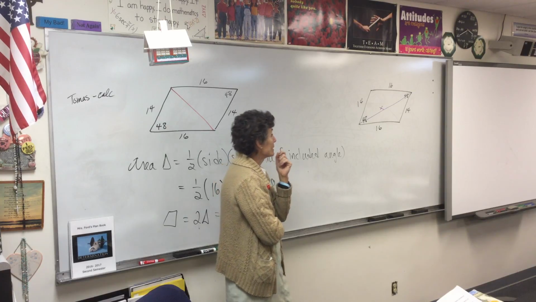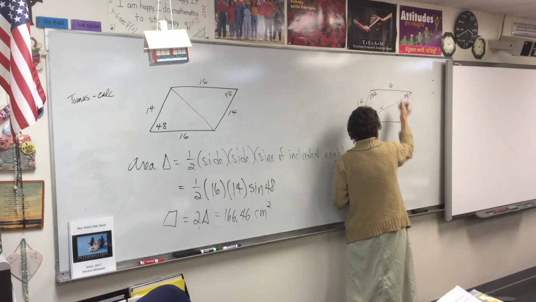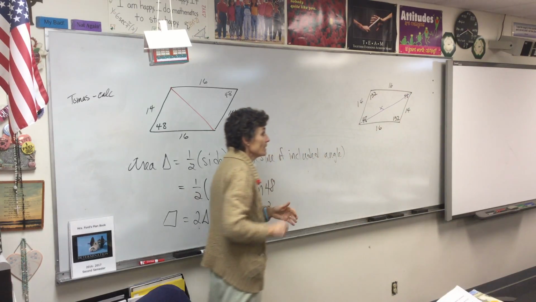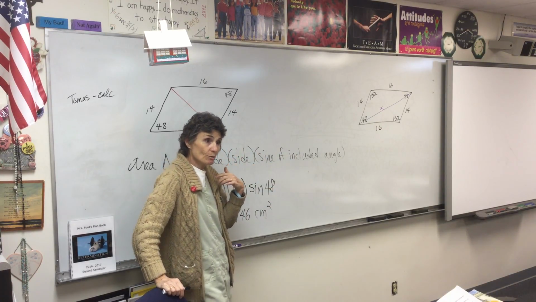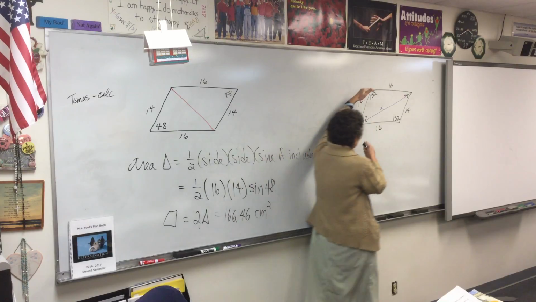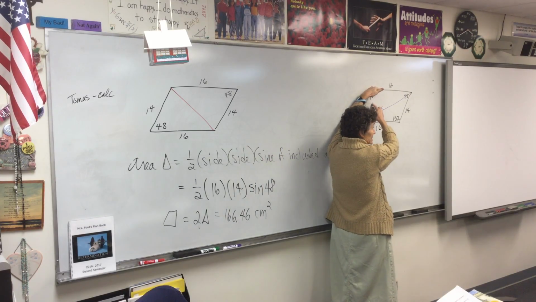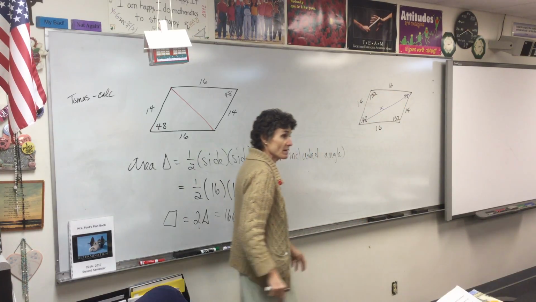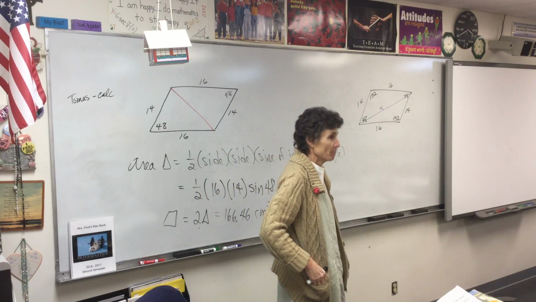180 minus 48. This angle right here, and likewise this angle, are 132. The reason those are 132 is because these are parallel lines. These are consecutive interior angles, and we know that when parallel lines are cut by a transversal, consecutive angles are supplementary.